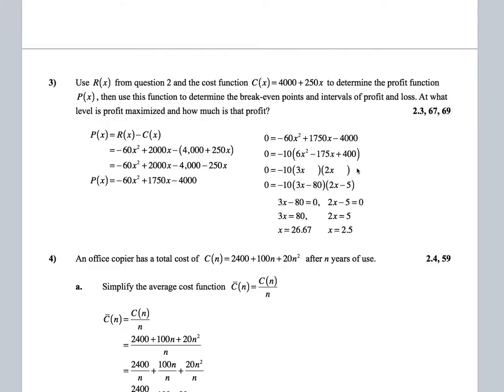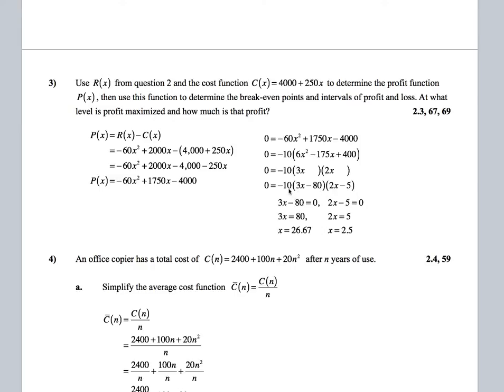So on the test, as a hint, this partial factorization will be provided in the question. So given that, my two terms here are negative 80 and negative 5.